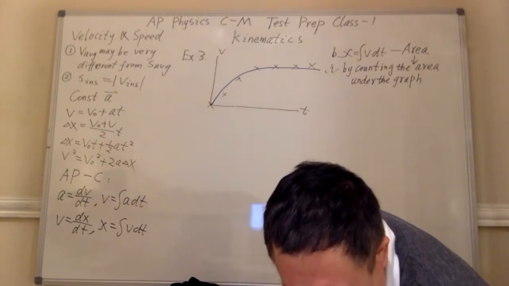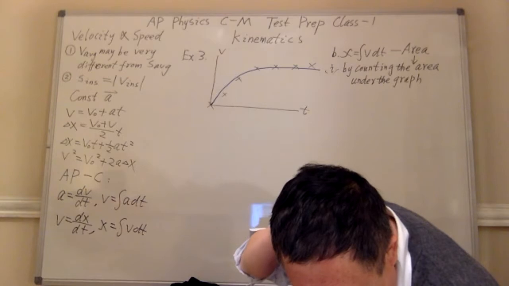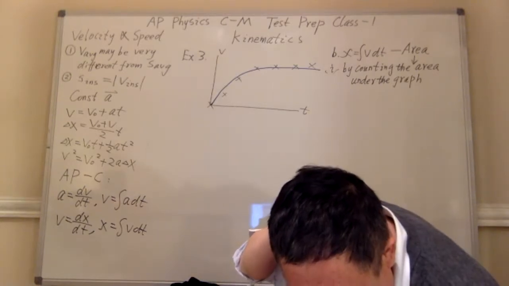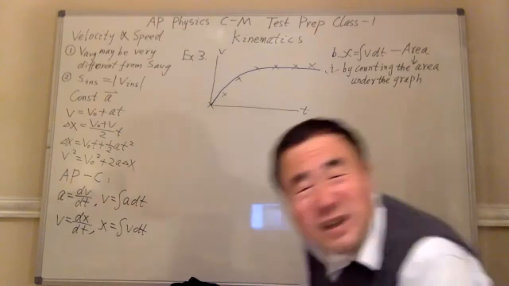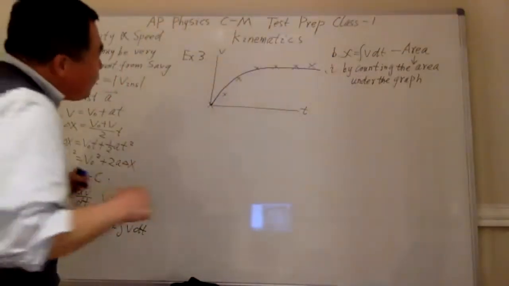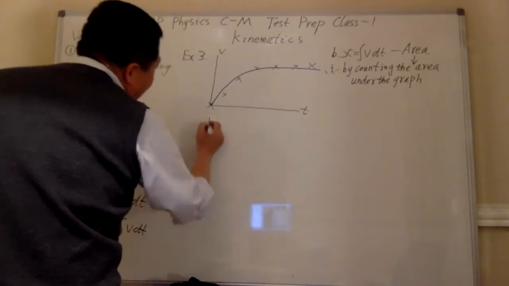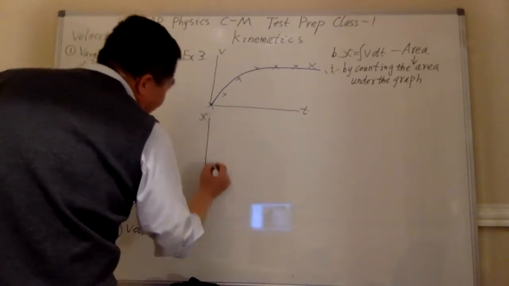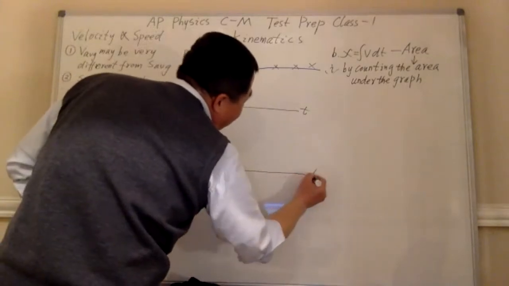They want you to really count the area, then figure out the position, because even in AP Physics 1, not just AP Physics C, we said if you get the velocity, you try to figure out the position. What's the time t? How can you do that?